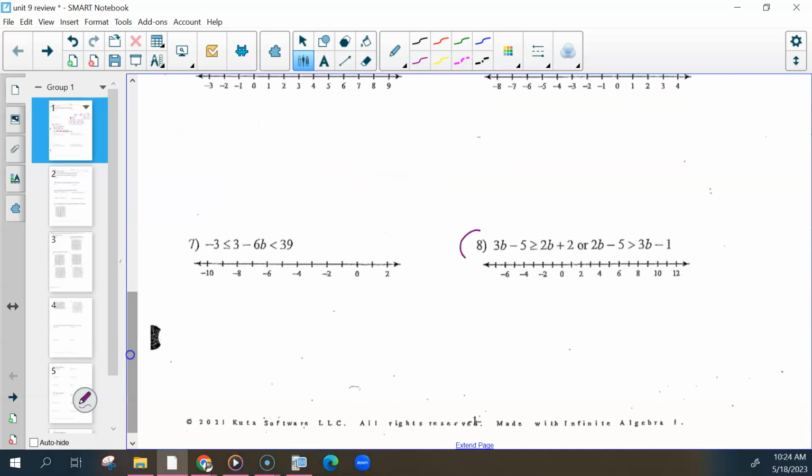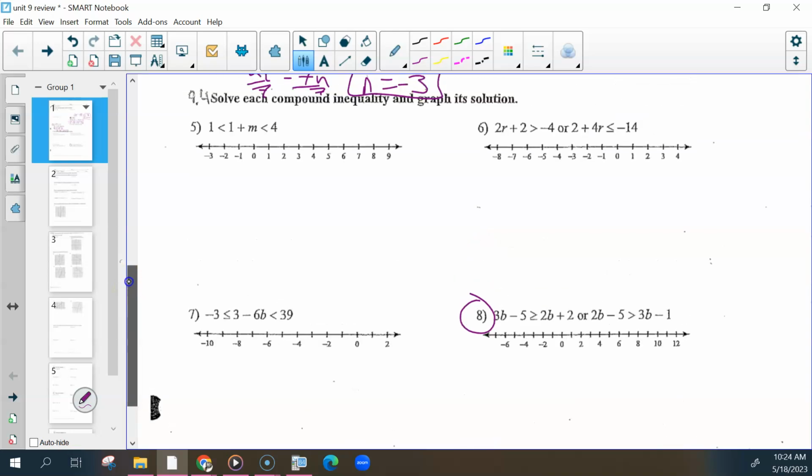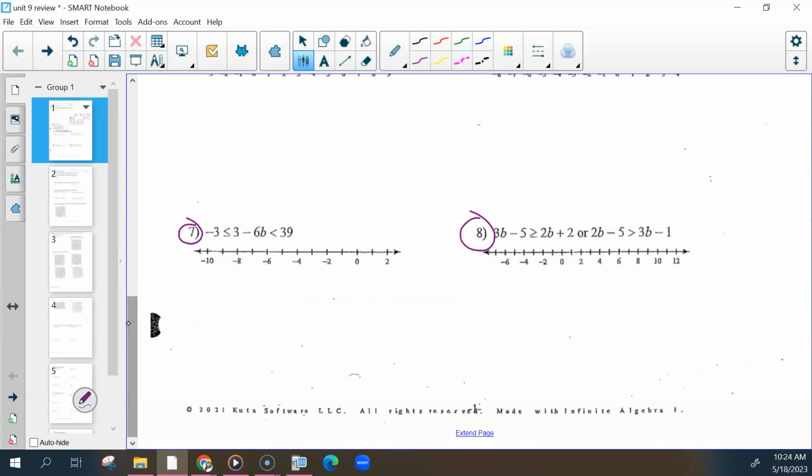So 8 is an or, so we could do an and, 5 or 7. 6 is another or, so those will be solved the same. So we could do 5 or 7. So that gives you one of each type.